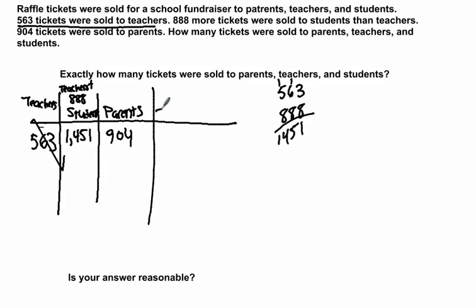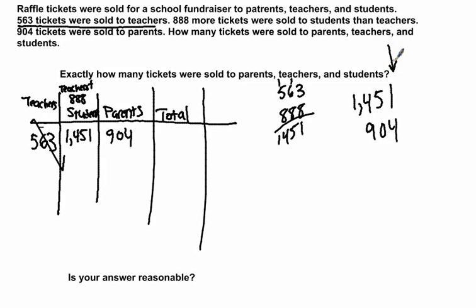And then we're asked to find the total. The total, we have to add all of these up. 1,451 plus 904. When you add, make sure you line up your ones column, and all the other place values should line up as well. 6 plus 5 is 11. 4 plus 1 is 5.